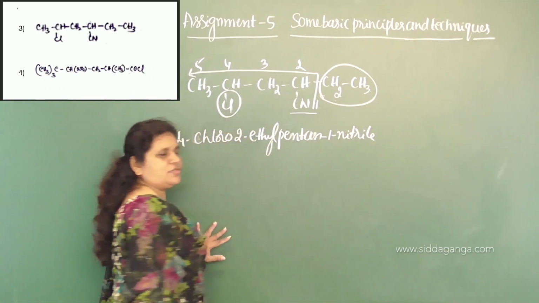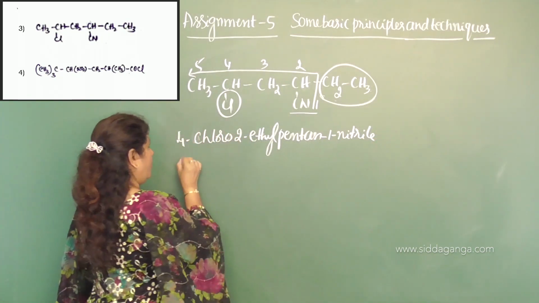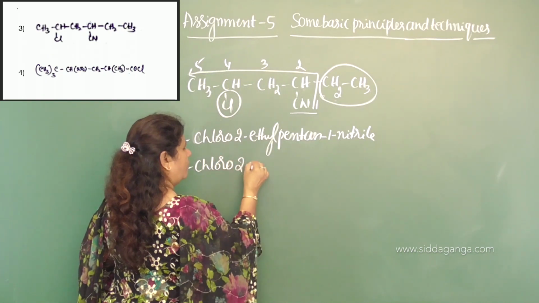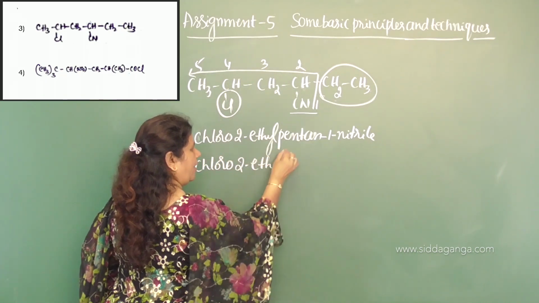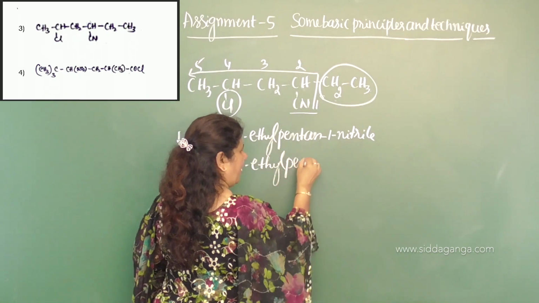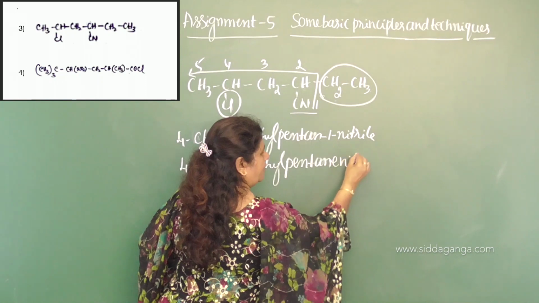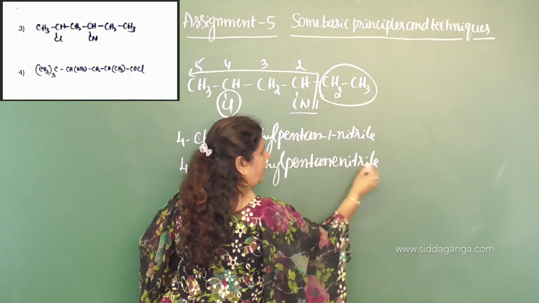Since the locant is 1 for the cyanide group, you can rewrite it as 4-chloro, 2-ethyl, pentane nitrile.